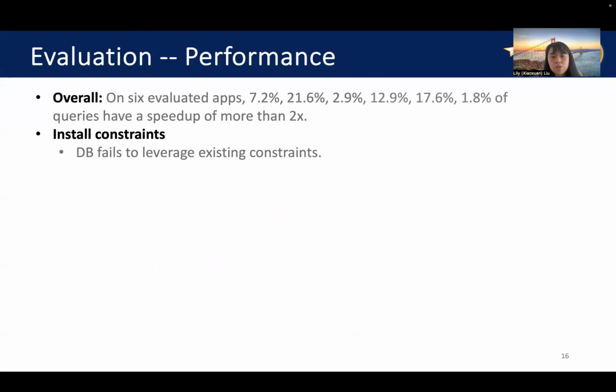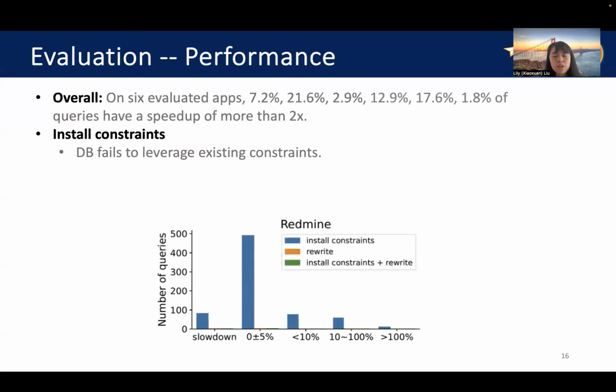We also try to see if the database can leverage those constraints by itself. What we do is we don't perform any rewrite, we only install those constraints into the database, and we find that the speedup is not very impressive. Next, we rewrite those queries but don't install the constraints, and we find that more queries can have higher speedup.